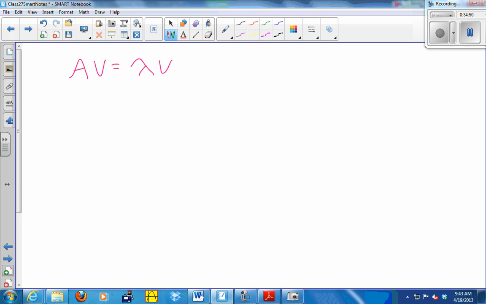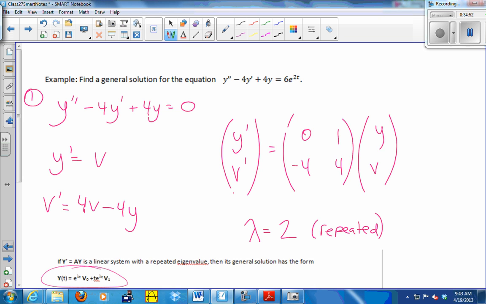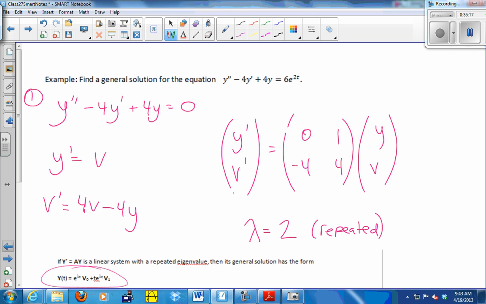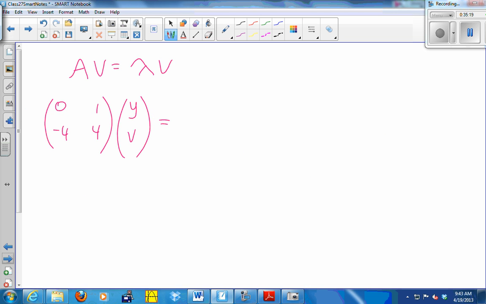So my A was 0, 1, negative 4, 4. No, that's how you find the eigenvalue. We already have the eigenvalue. I have it shown as V1 equals A minus lambda I, that's a shortcut, but we don't happen to know V0.